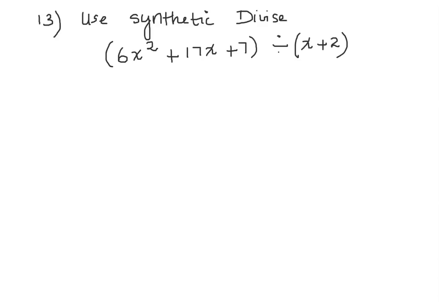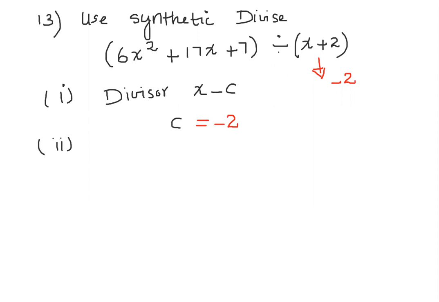So the first question in part 1 is to use the synthetic division. The divisor must be in the form of x minus c. Here, what is c? C is going to be the number from here, switching the sign. So this c is going to be negative 2.